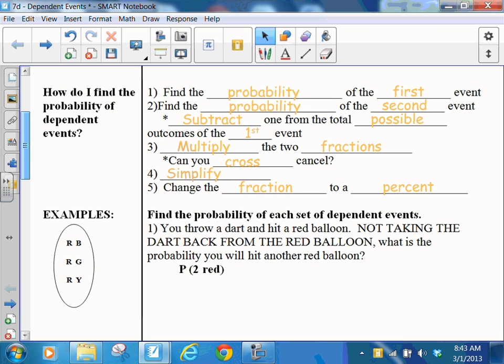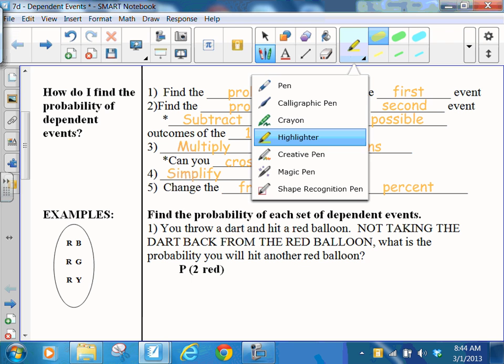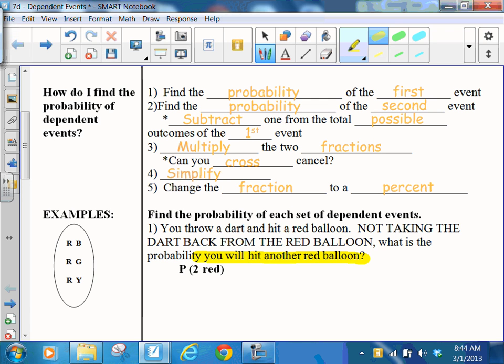Example 1, let's start with the question part of this. What is the probability that you will hit another red balloon after you throw a dart and hit the first red balloon?